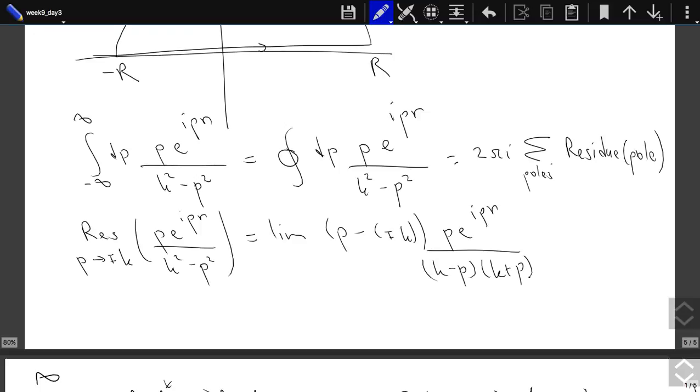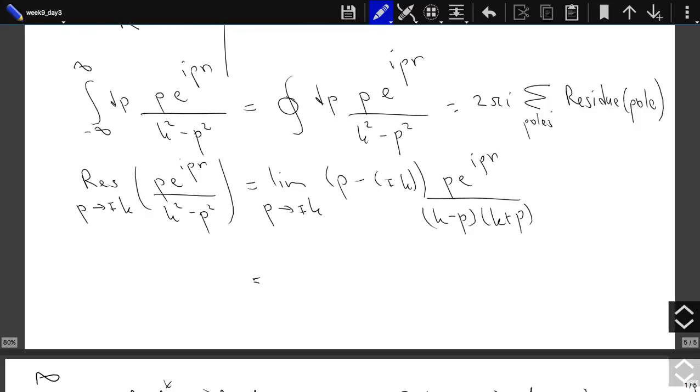I just factorize the denominator, and I'm taking the limit of p goes to plus or minus k. If I take the lower sign, then above I have p minus k, which cancels this k minus p, bringing me a factor of minus 1. So p goes to plus k, I have 1 over 2k, and k e^{ikr} divided by 2k. This is for the lower sign.